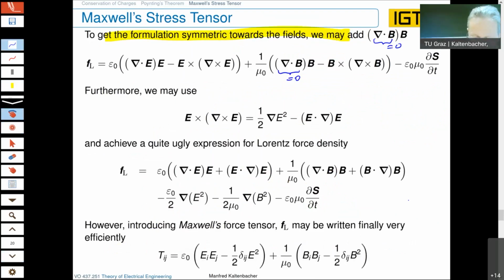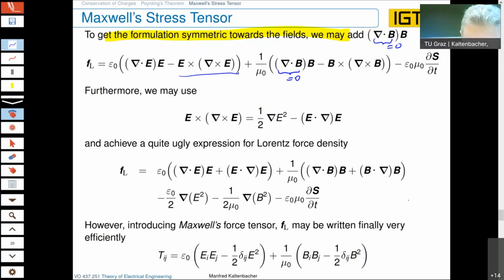Now, we also try to reformulate a further part, and that is this part here. So by vector identity, you can write for a physical vector field, E cross product with the curl of E, as 1/2 the gradient of E squared.